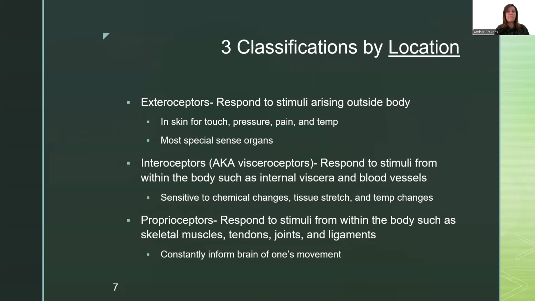Interoceptors, or visceroreceptors, monitor internal conditions like your blood vessels stretching or chemical and hormone changes. And then you have your proprioceptors, which provide feedback on body position and movement, found in your muscles and your joints.